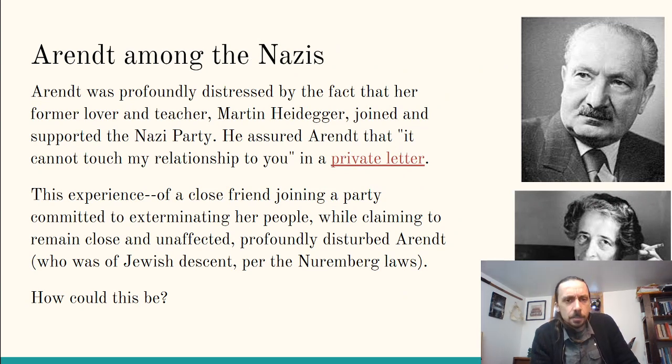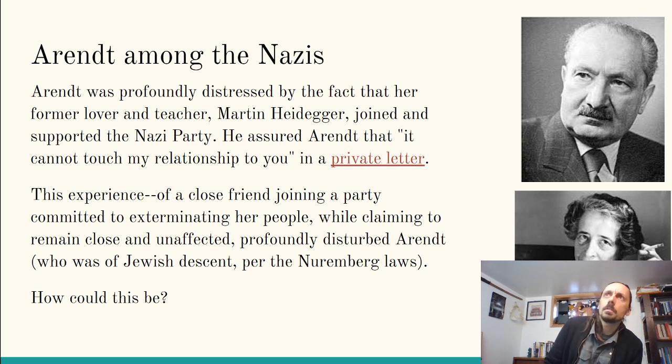So Hannah Arendt in particular has a really twisted relationship to Nazi Germany. She was a student of and had a relationship with Martin Heidegger, who was a very prominent German philosopher. And Martin Heidegger eventually joined and supported the Nazi Party in Germany.